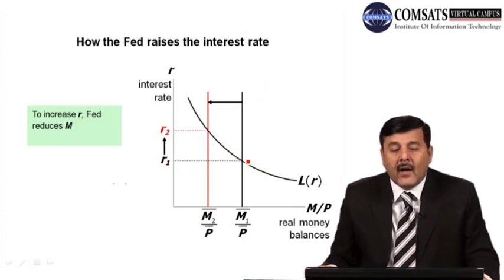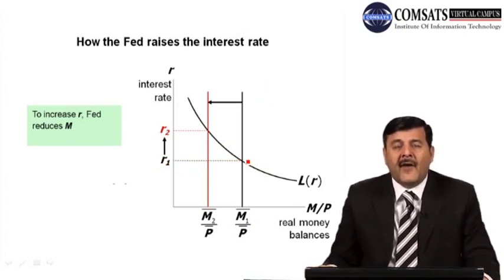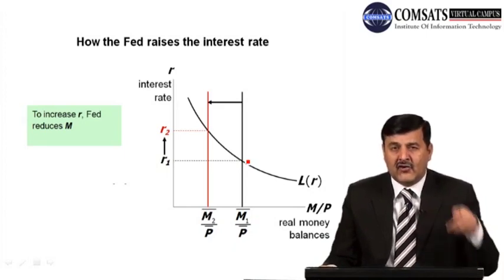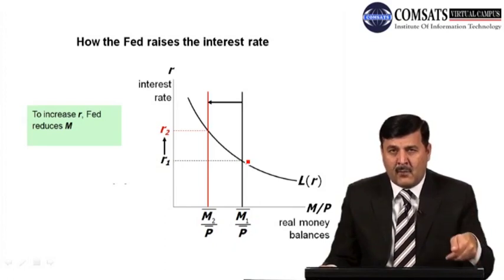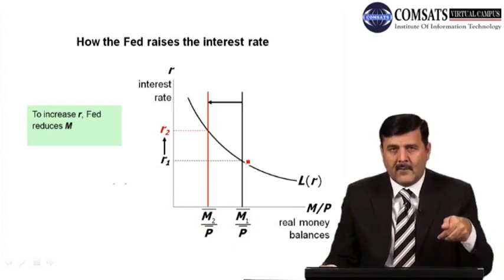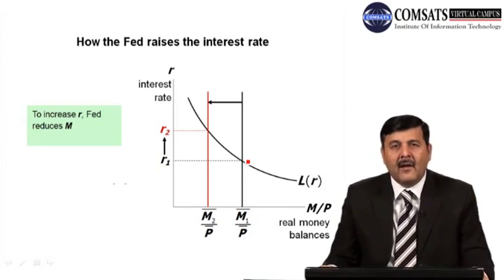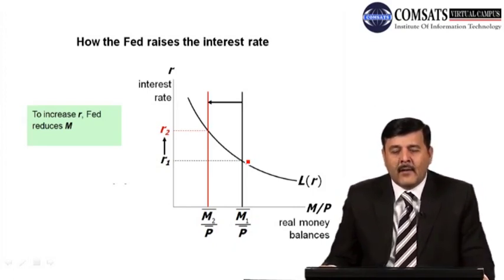Now suppose the Fed or the central bank of a country raises the interest rate, what will happen? How does this change in the interest rate, or the policy of the central bank, affect the equilibrium in the money market?